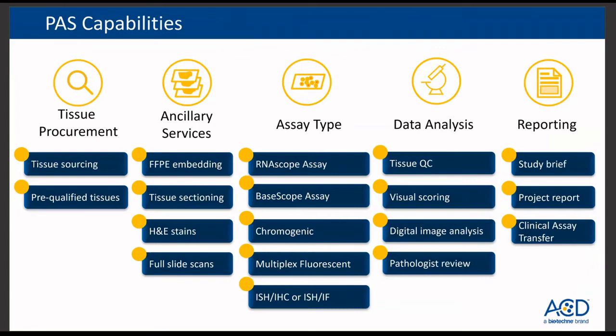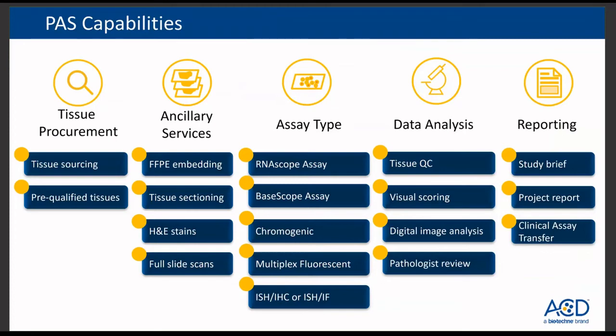And then the assay types, as already mentioned, are RNAscope assay, BaseScope assay, chromogenic assay, multiplex fluorescent assay up to 4-plex, so you can target 4 genes at once, and then ISH-IHC or ISH-IF assay, and I'm going to throw in the miRNAscope assay as well.